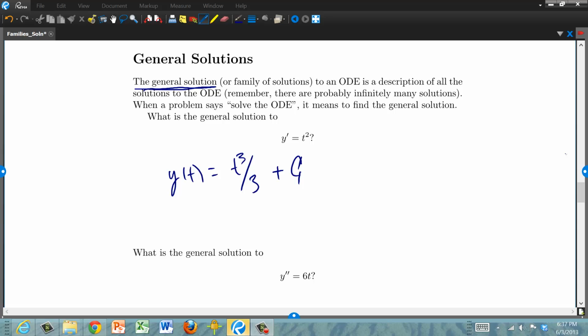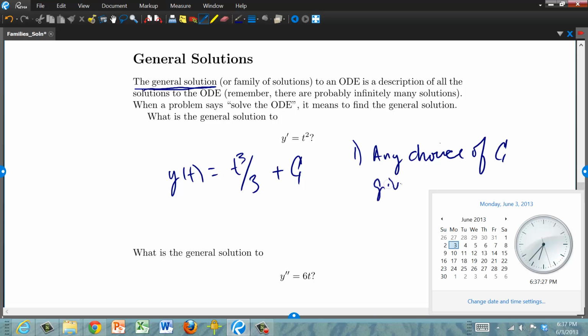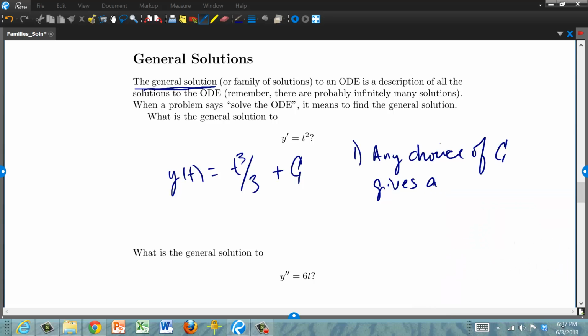Now the plus c here indicates that as soon as I put any number I want in for the c, I get a function, and that function is a solution to the differential equation. Okay, so this general solution means two things. One, any choice of c gives a solution to the ODE.